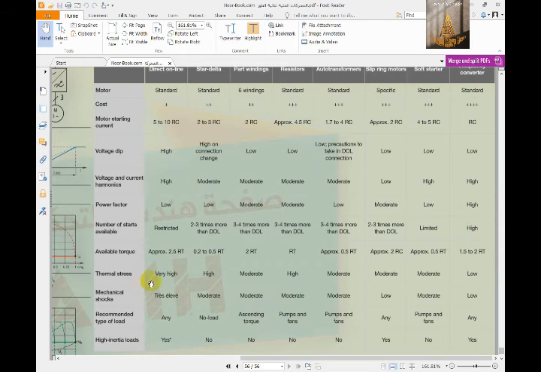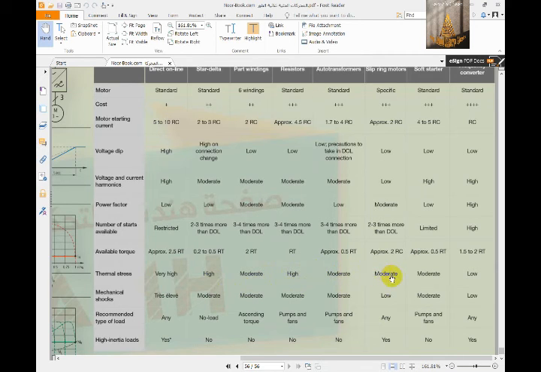Thermal stress, it's very high for direct online because of the high current. High for star-delta because it's changing the contactor moment. Moderate for the part windings, and for resistor it's very high because there are a lot of stages of resistors when you connect it. Auto transformer is moderate because it's just a step.